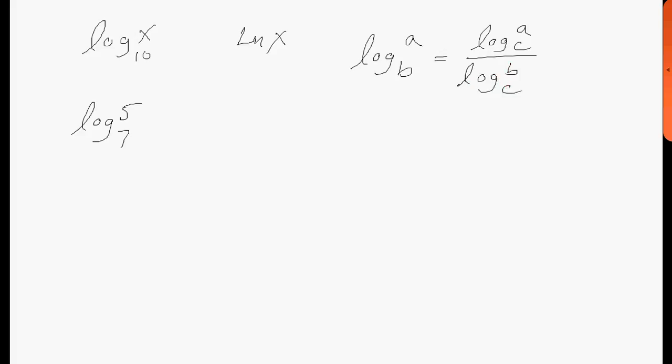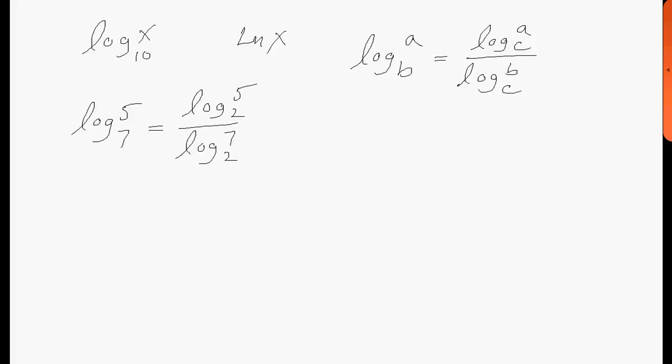So you can use any arbitrary number as the base, and this equation always works. For example, the logarithm of 5 base 7 equals the logarithm of 5 base 2 over the logarithm of 7 base 2.